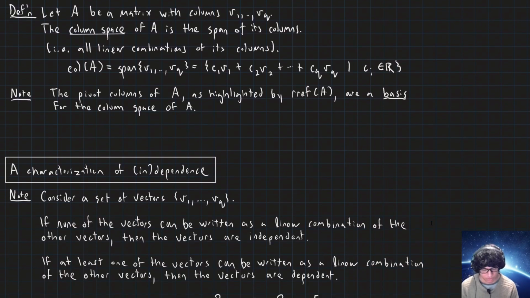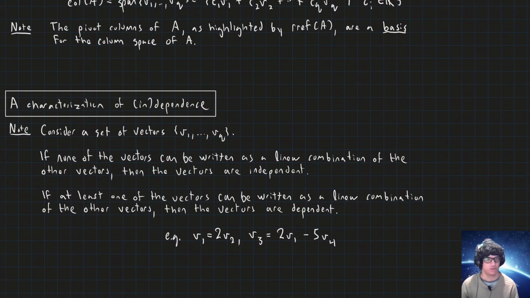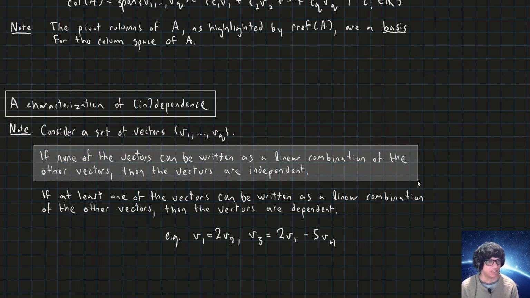Now I'll mention another characterization for independence. Let's consider a set of vectors v1 through vq. Here's another way to think about independence.